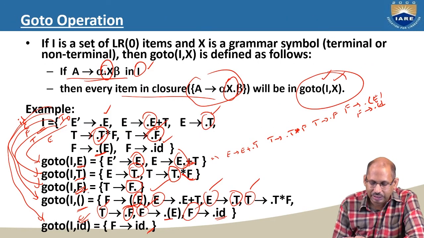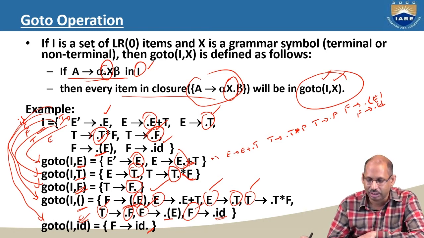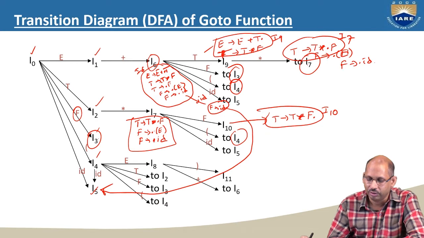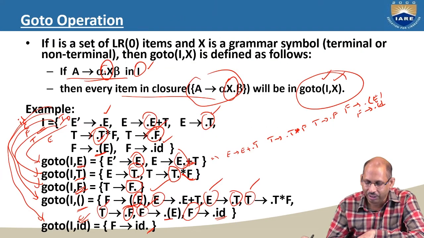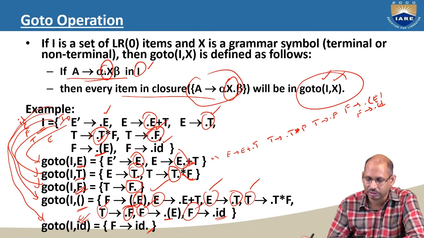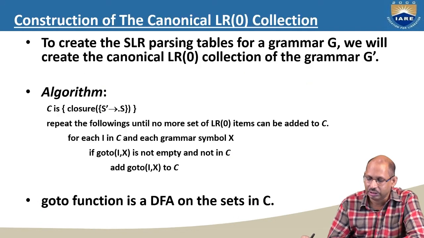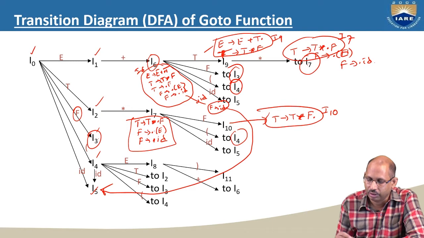Here I1, I2, I3, I4, dot E. So these productions are considered. This is I4. Dot E gives E dot. Right?